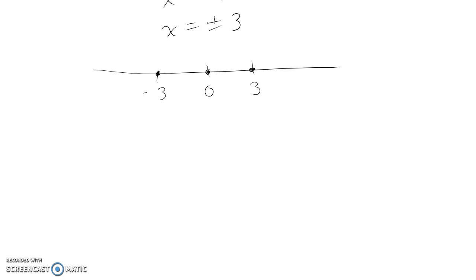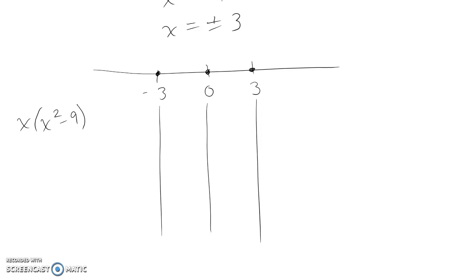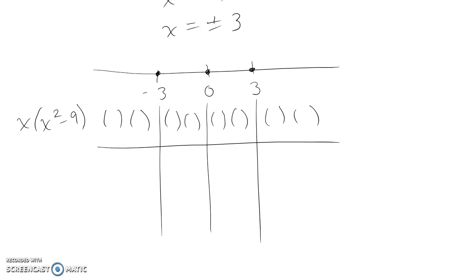Then over here on the left, I'm going to list my function in its factored form. I'm going to separate my chart into 4 regions, and I'm going to set up some parentheses. Each one of these little parentheses inside each region represents one of the factors of the function. I'm going to choose some values that are in the regions, so something from negative infinity to negative 3.